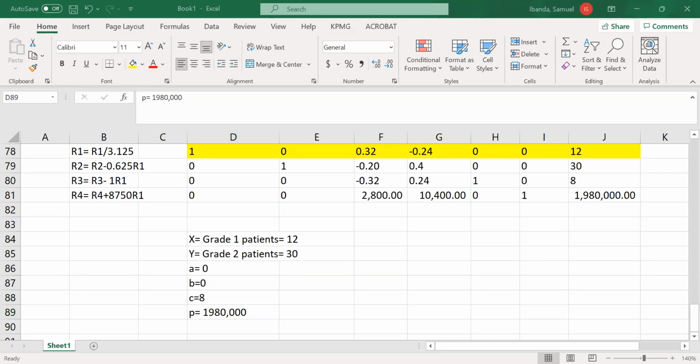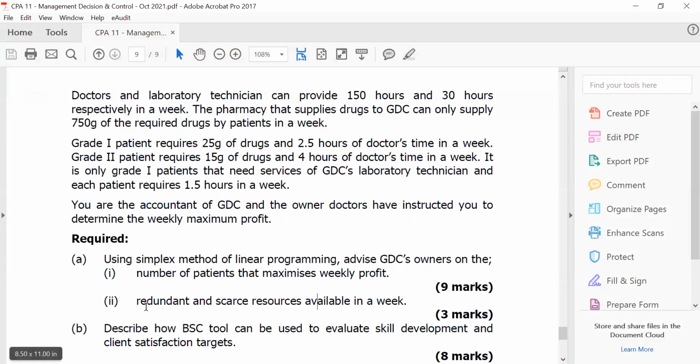Now, the examiner also went ahead to ask you about the redundant and scarce resources available in the week.